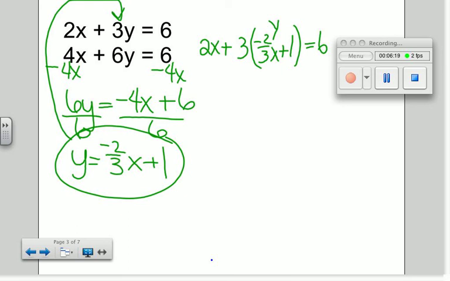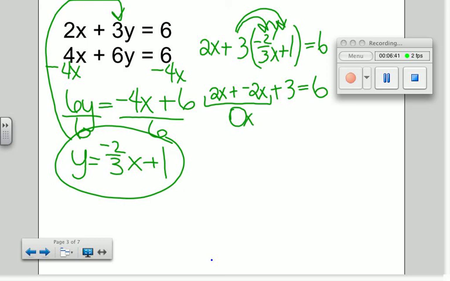Now you use your distribution property, multiply that 3 out, so you have 2x plus negative 2x plus 3 equals 6. When we combine our terms, 2x plus a negative 2x cancel out. We get 0x. So we're left with 3 equals 6, which we know is impossible. Those are not equal.